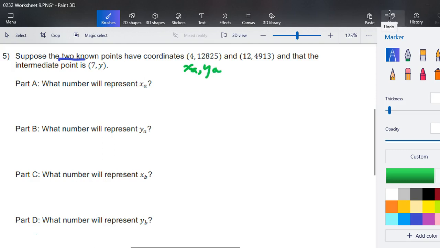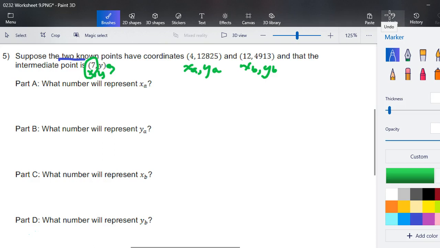It's not going to matter how we label them as long as we don't crisscross the a's and the b's. I'm going to leave this one x sub b and y sub b. And the intermediate point is just plain x and plain y. We'll be given the x and we'll be solving for the y.